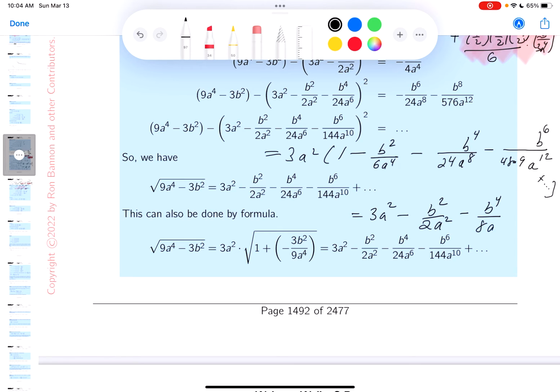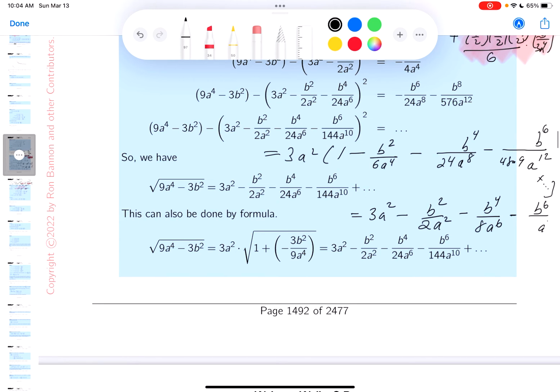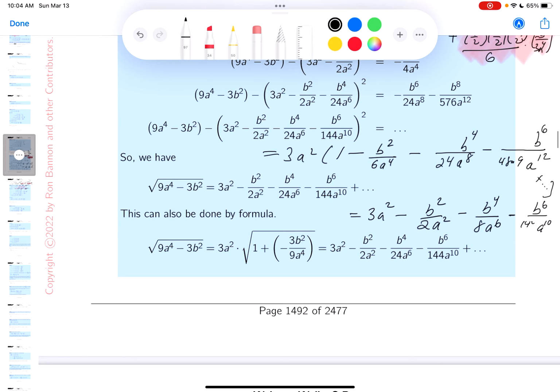Then you get a^6, minus b^6 over a^10. And let's see, 3 goes into 9 3 times, and 3 times 48, 120 and 24, 144. And again, this goes on and on. Let's see if we got the right answer, though. It's work, though. A lot of people find it very tedious work, and I agree, it is kind of tedious.